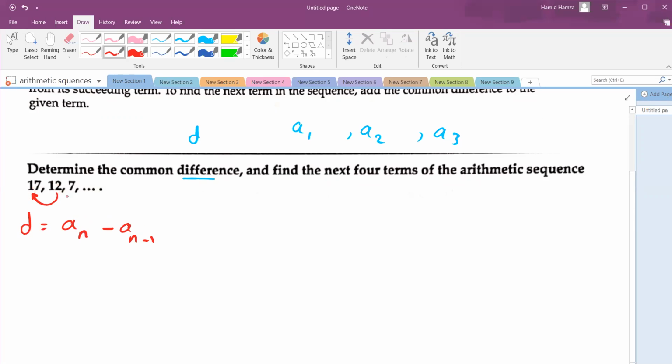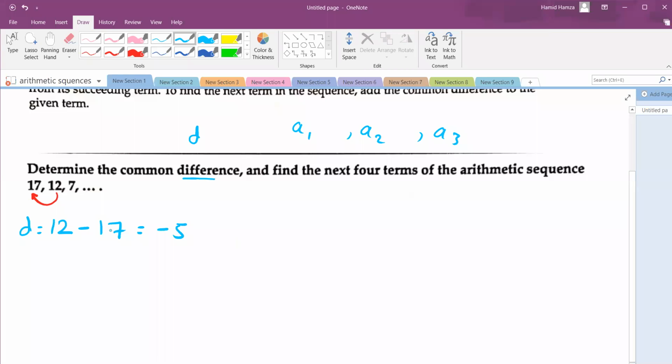It is not the greater from the smaller. No. So in this case, the common difference will equal 12 minus 17, so 12 minus 17 will be negative 5.